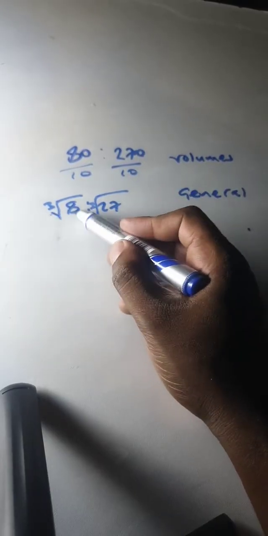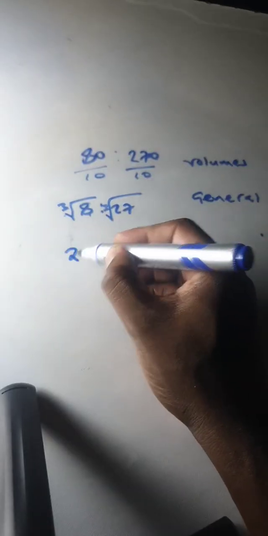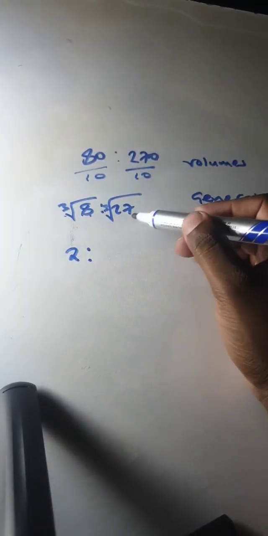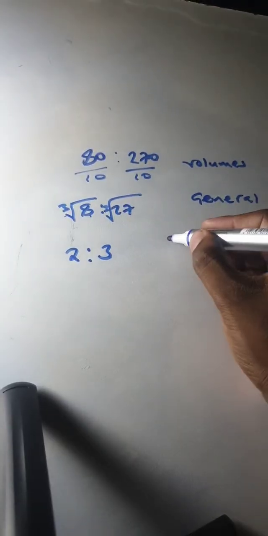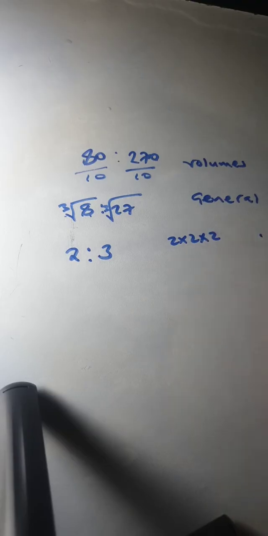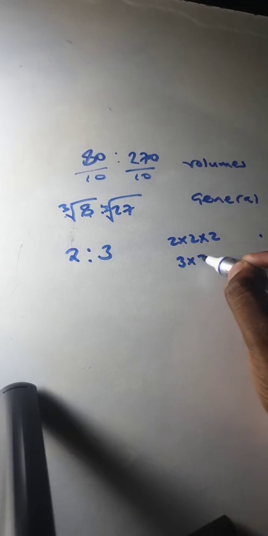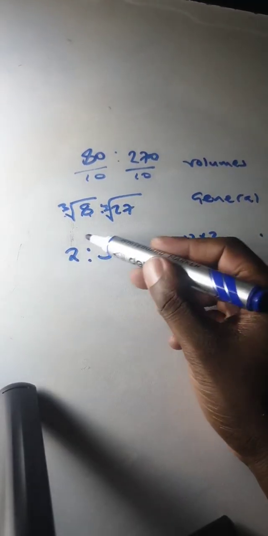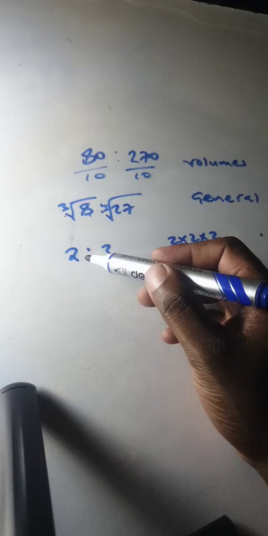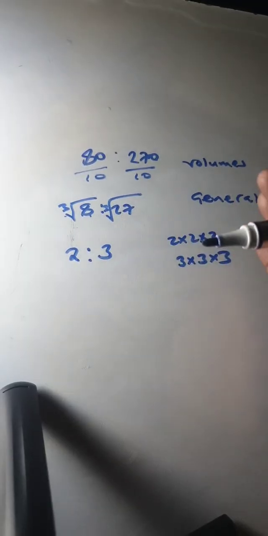What is the cube root of 8? It is 2. The cube root of 27 is 3. When we say 2 times 2 times 2, we get 8. 3 times 3 times 3, we get 27. Now this is the general ratio. It is that general ratio we can now use to find the height of the larger solid.